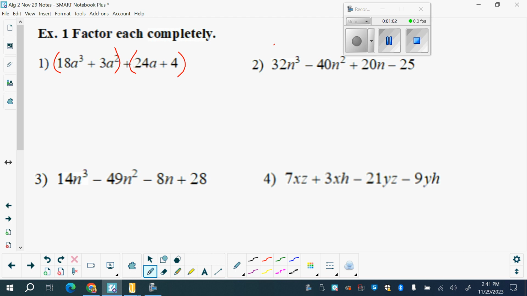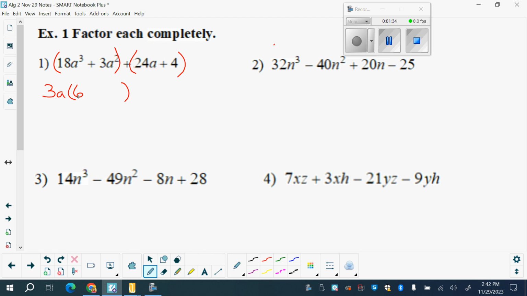What's the greatest common factor on the first one? That requires some thinking. 3a squared. So it's 3a squared times what? 3 times what is 18? 6. And a times what is a to the 3rd? Oh, sorry, it's not 3a.